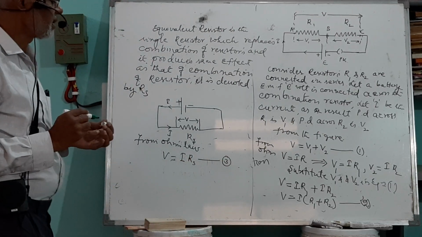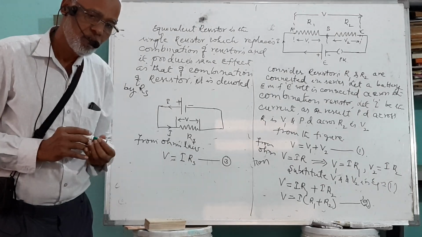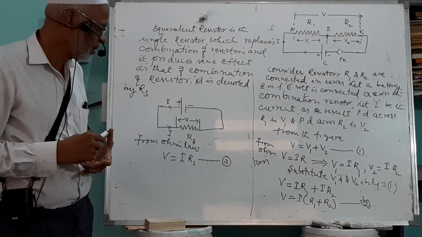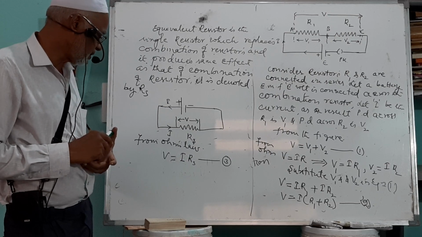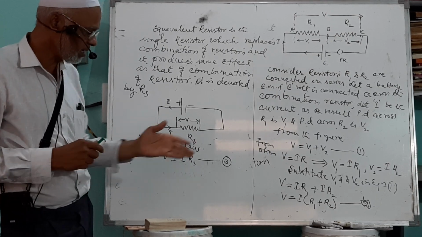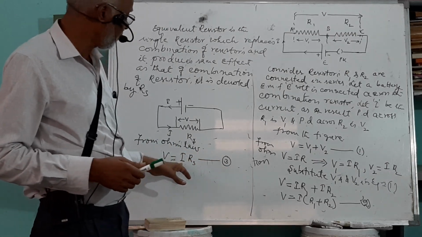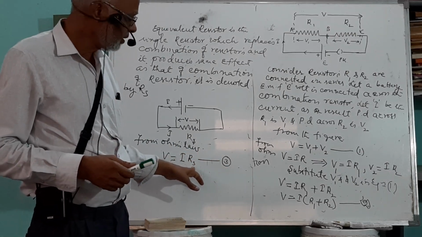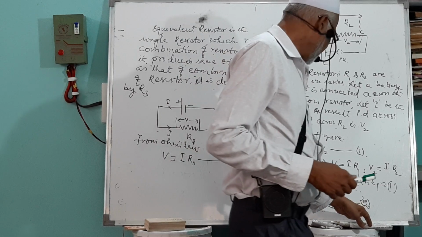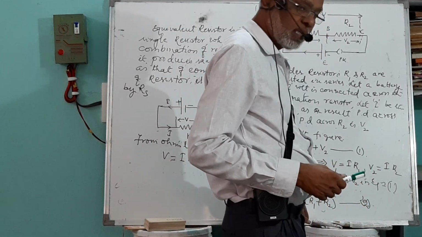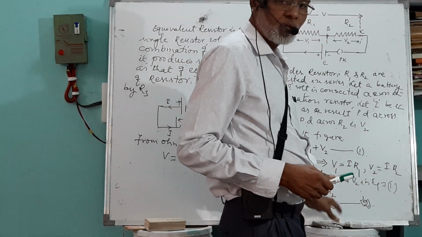You have already studied in mathematics that whenever the left hand sides of any two equations are the same, you can equate the right hand sides. The right hand side of equation 3 is the product of I and Rs, and the right hand side of equation 2 is I into R1 plus R2.